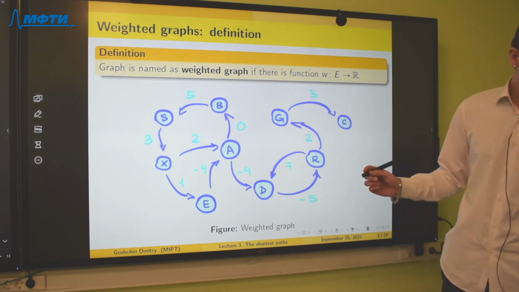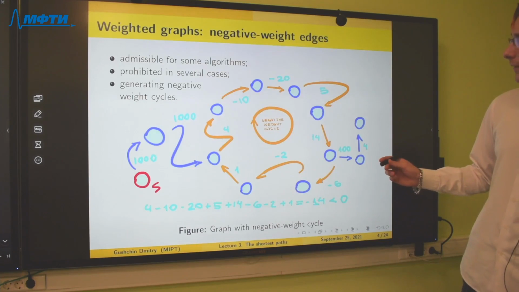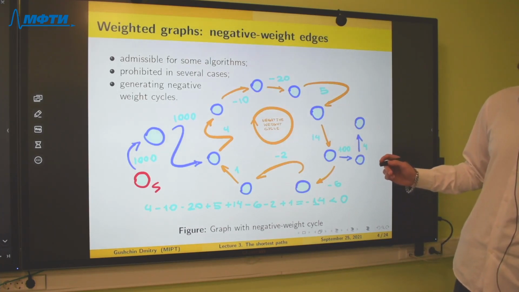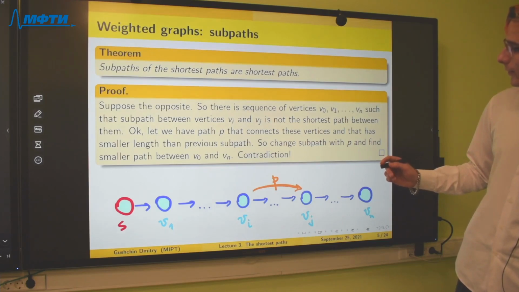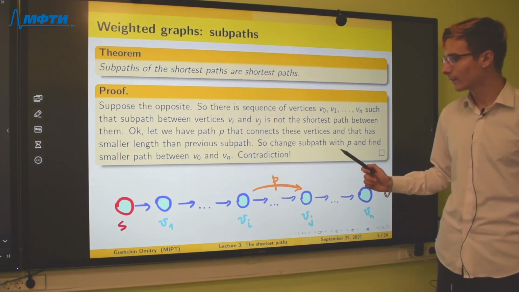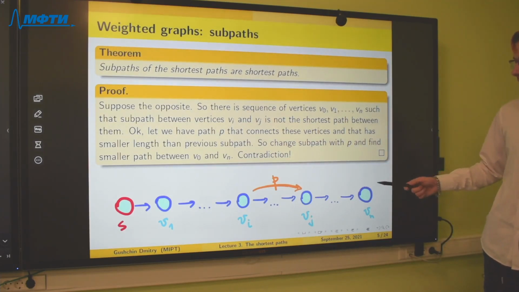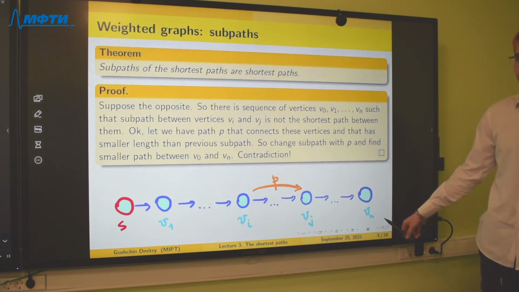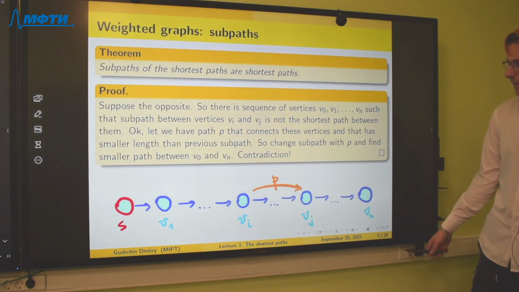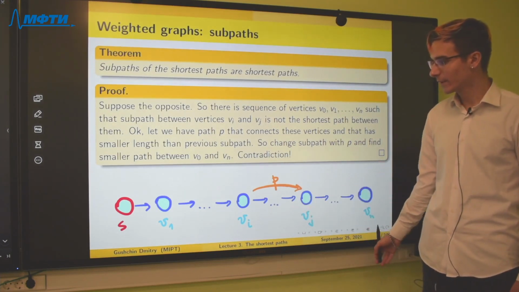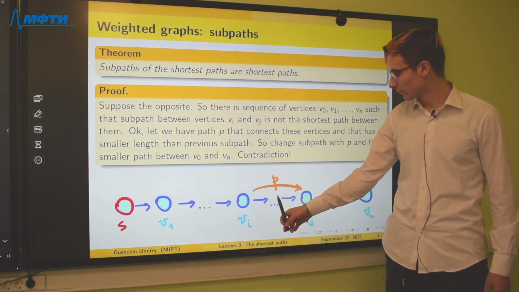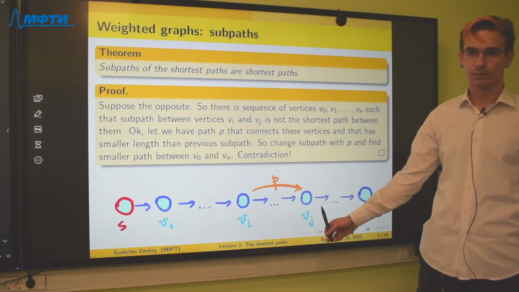Okay. So if we have the shortest path between S and another vertex Vn, for example, we can say that any subpath of this path will be the shortest path between the endpoints of the path.